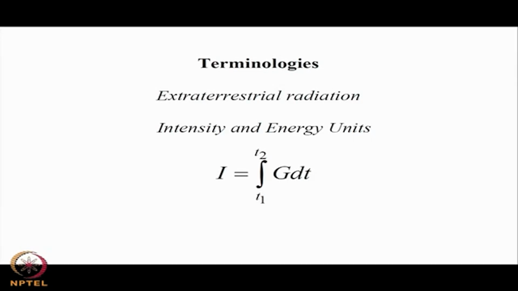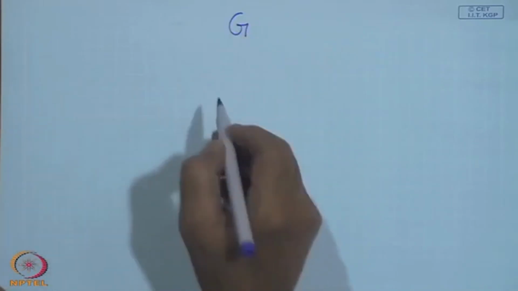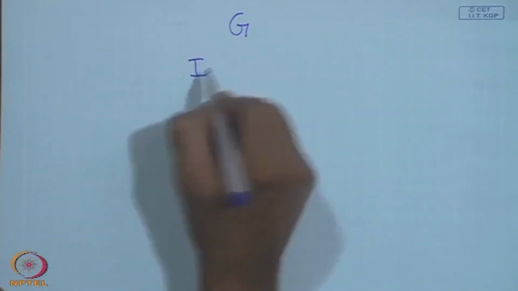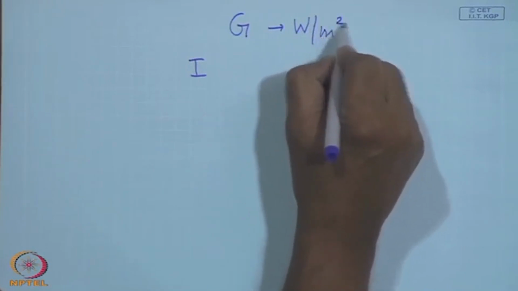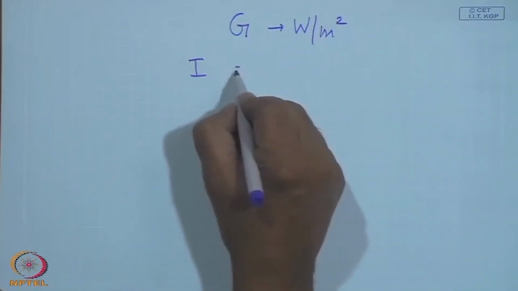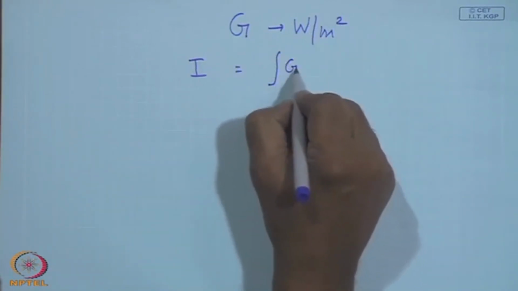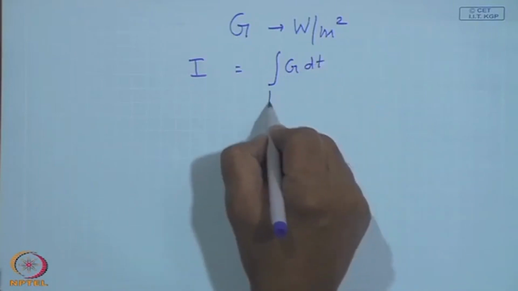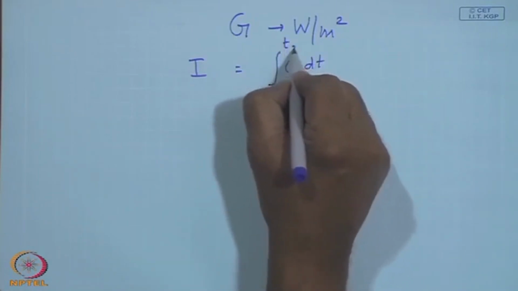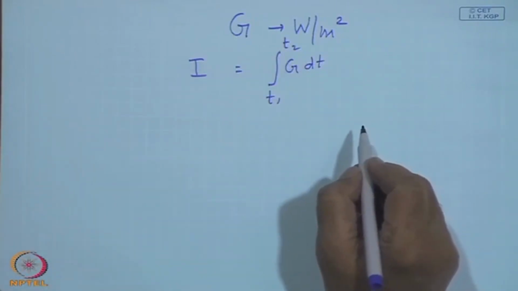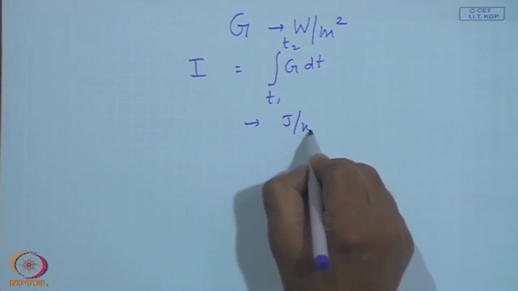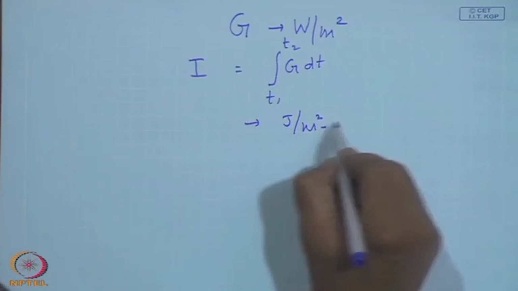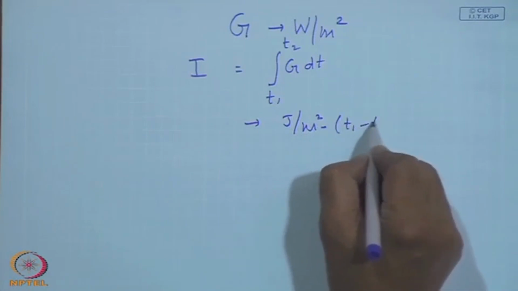Now, whether it is terrestrial or extraterrestrial, if intensity is indicated by G, which is in watts per meter square, I will be the integral of G dt over the time period T 1 to T 2. So, the units will be so many joules per meter squared hyphen within T 1 to T 2.